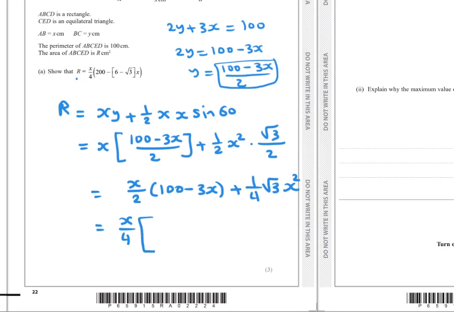You are left with, when we divide x over 2 by x over 4, x cancelled with x, 1 over 2 divided by 1 over 4 equals 2. 2 times 100 equals 200. 2 times negative 3x is negative 6x. Now, if you take 1 over 4 x common, you are left with root 3 and x.